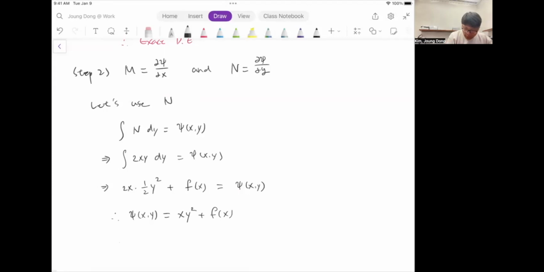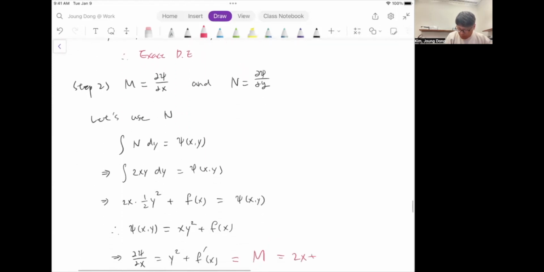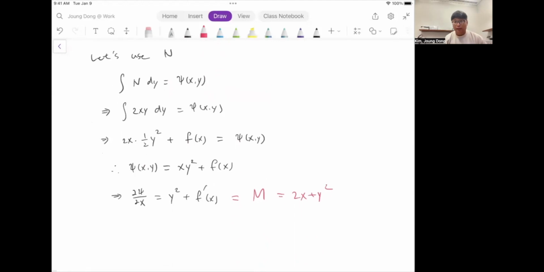So when I take the derivative with respect to x, y squared plus f prime x must be equal to M, which is 2x plus y squared. Now look at your left-hand side and right-hand side. We have y squared on both sides, right? But on the right-hand side, in the M, there is 2x. Can you guess that? That is exactly your f prime x. So I can say f prime x is equal to 2x, right?